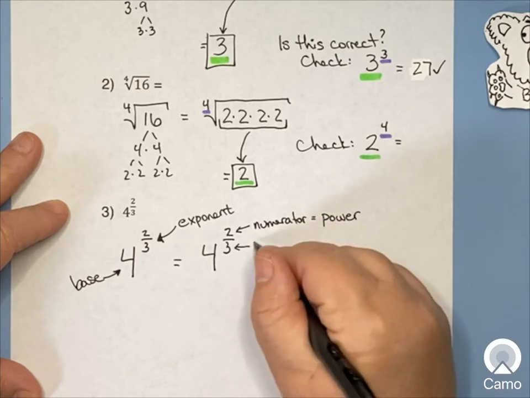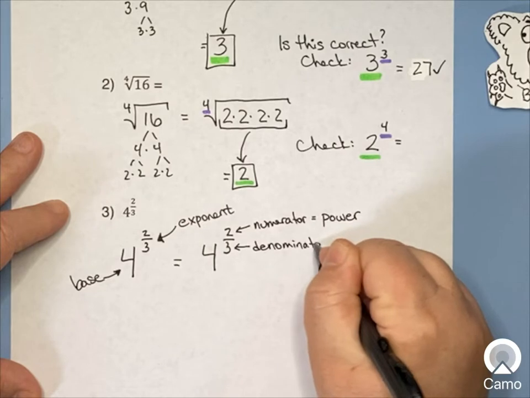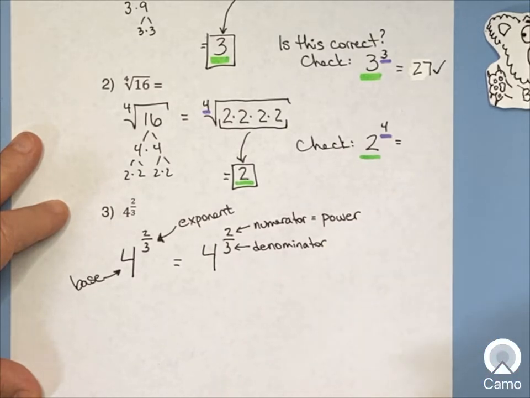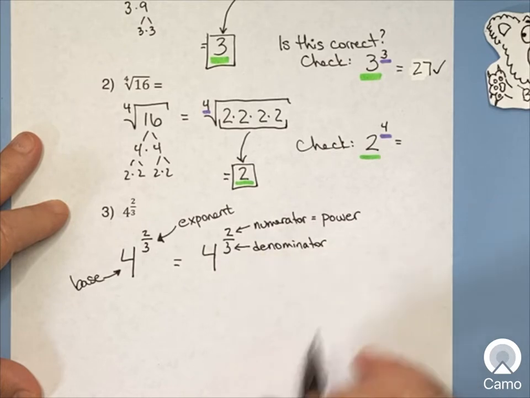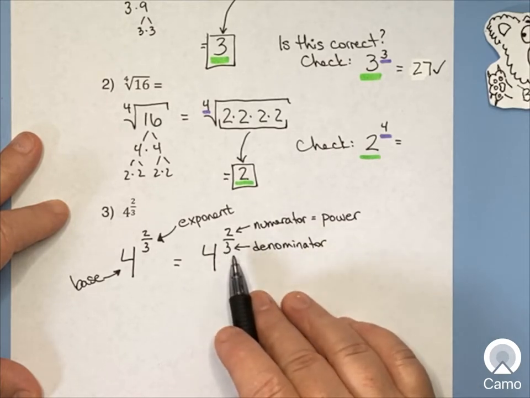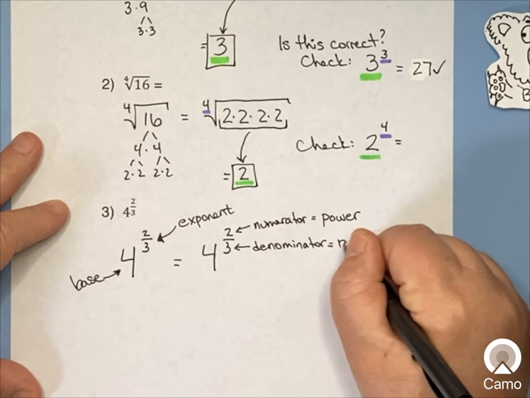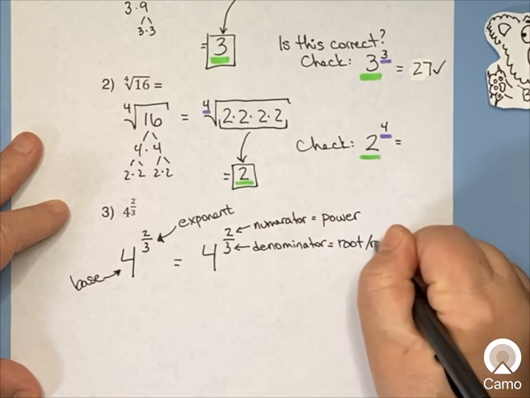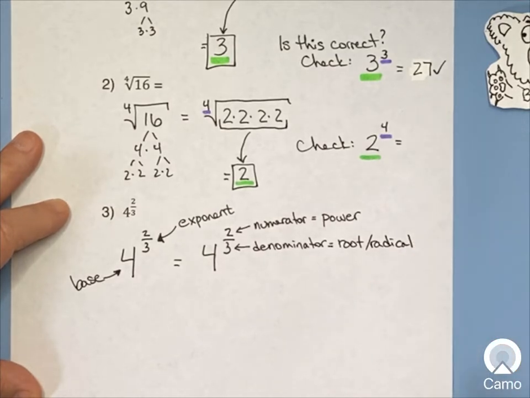And this, the denominator, which reminds me of Phineas and Ferb, it's the denominator, but it's the one that denominates. This is going to be the root or the radical. Radical. There we go. Woo-hoo.